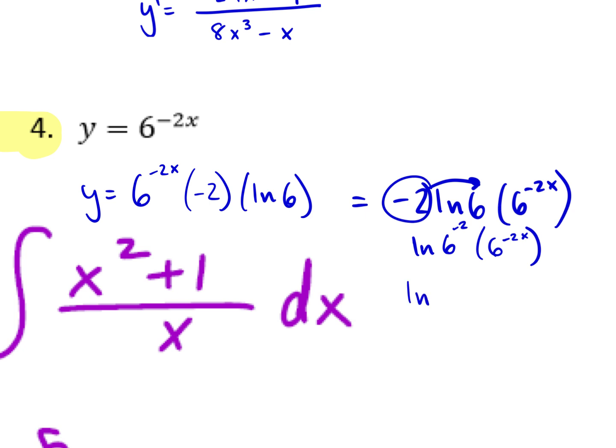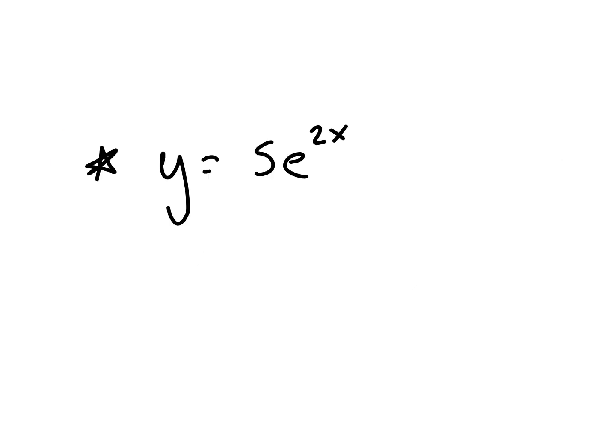Ln 6 to the power of negative 2 would be 1 over 36 times 6 to the power of negative 2x. So all of these would be correct answer choices. Just look at your answer choices and see which one matches. If you don't have this one as an answer choice, they may have simplified it further. So I added this one to the review.